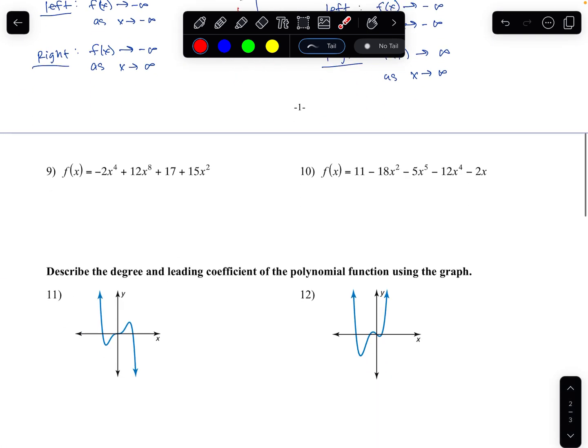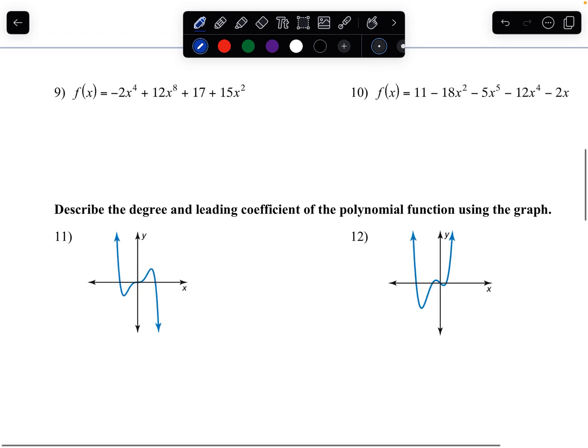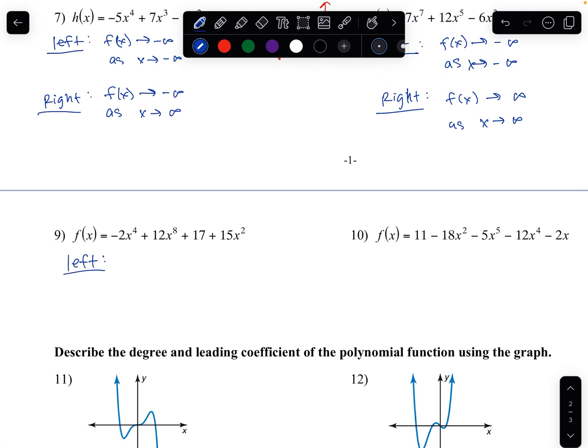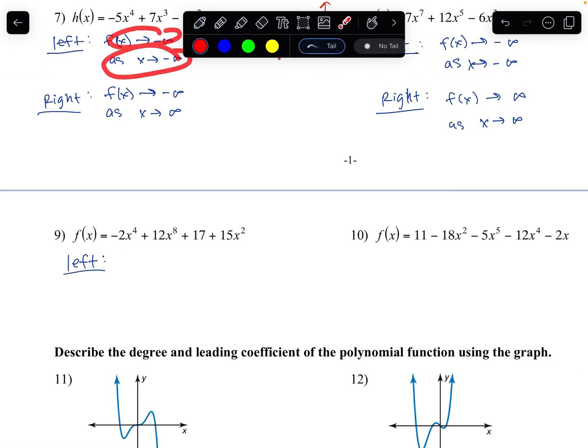Okay, let's try 9 here. So we have here a negative leading coefficient and an even degree. This means both on the left and on the right, the y values are getting small. So on the left side, and just for the sake of illustration, it doesn't really matter which of these you write first, I could say as x is approaching negative infinity.